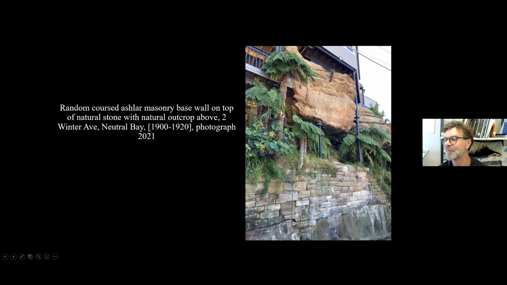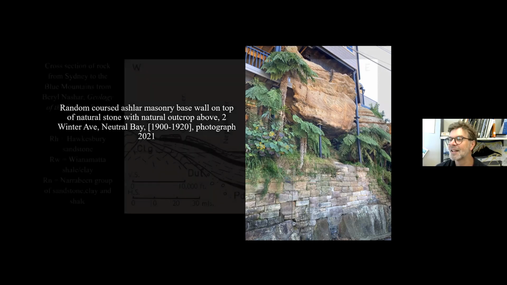So Winter Avenue is one of my favourite little streets because of the extraordinary escarpment on one side of it. I'll talk a little bit more about that later. I love the way that these tree ferns are popping up there as well.